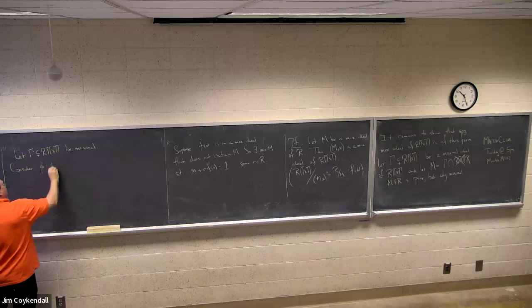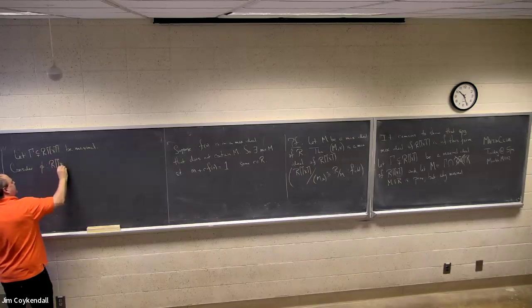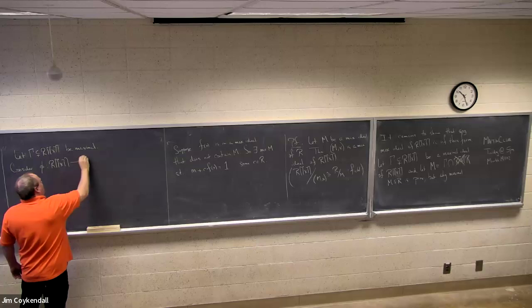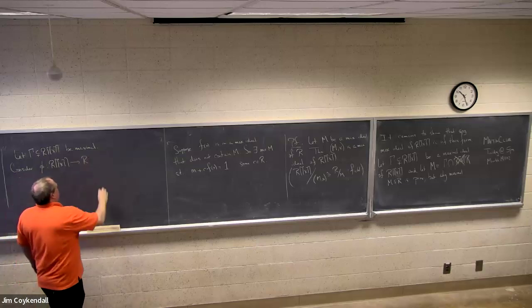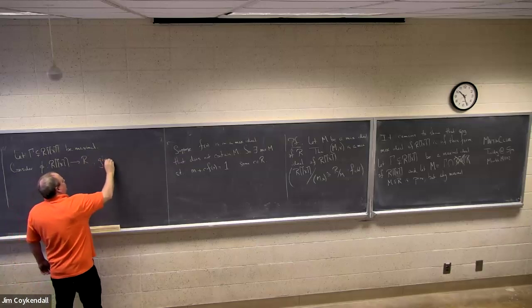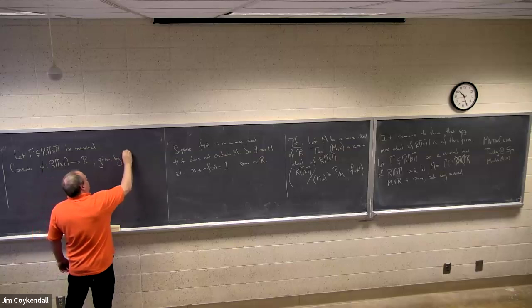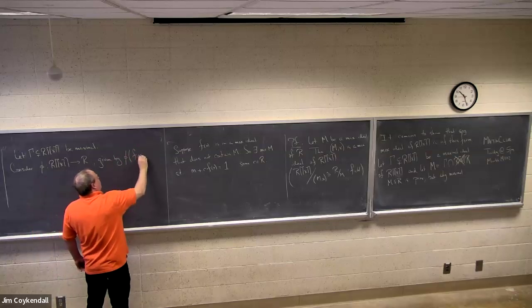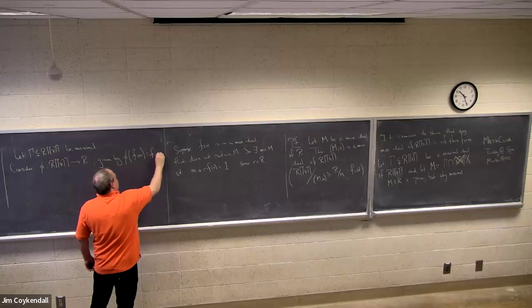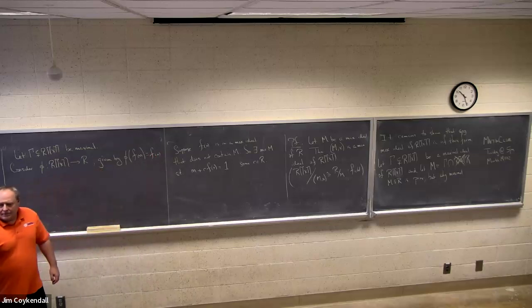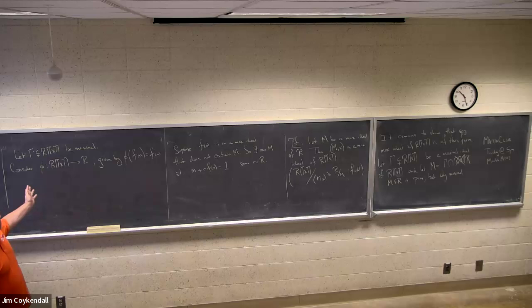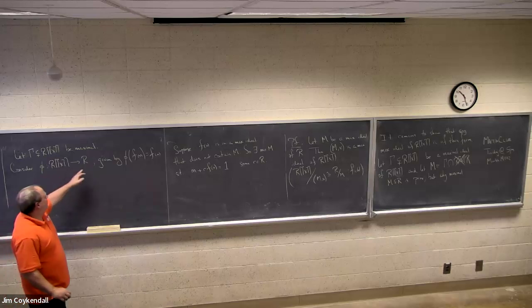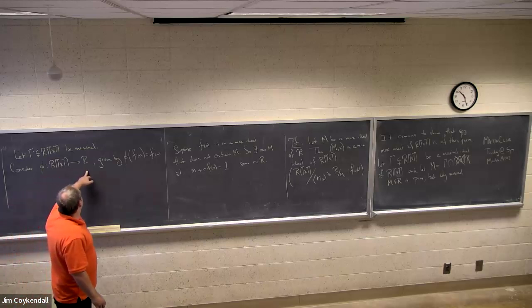phi from R power series in x into R given by phi of f of x, which is f of 0. So what I'm doing here is just considering the homomorphism from R power series in x to R given this way.